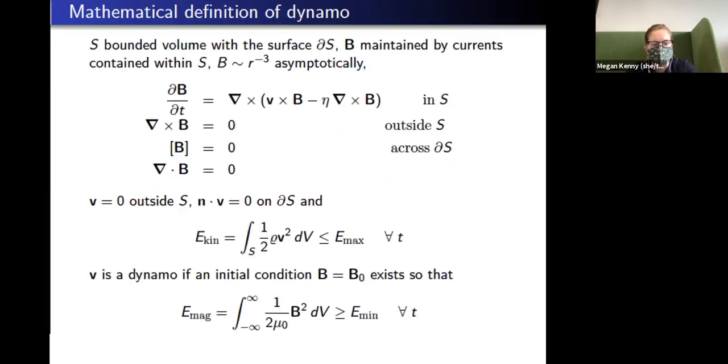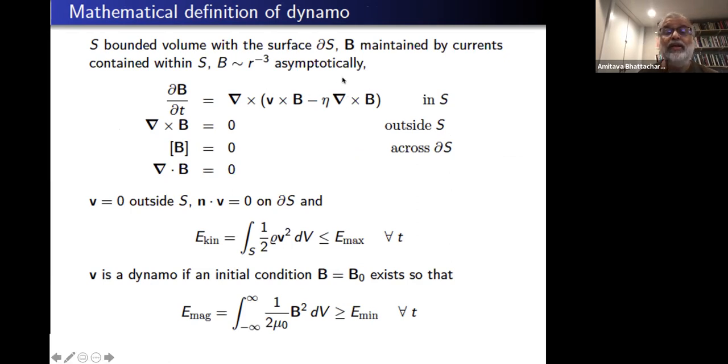You're welcome. So I want to make a clear distinction between two types of dynamos. In one type of dynamo, I think we more or less know most of the answers. And there are big questions about the other kind of dynamo, the really important kind, which I'll call the large-scale dynamo. But let's make this precise.